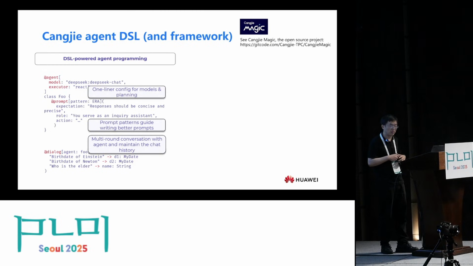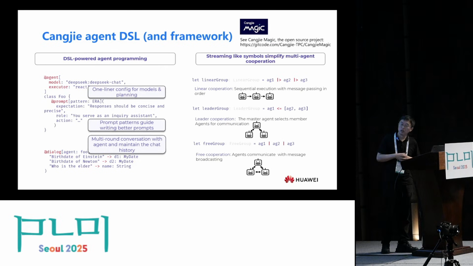Also, there is a syntax for multi-round conversations with agents, and the framework automatically maintains the chat history. We also, with operator overloading, have a declarative style of multi-agent coordination.